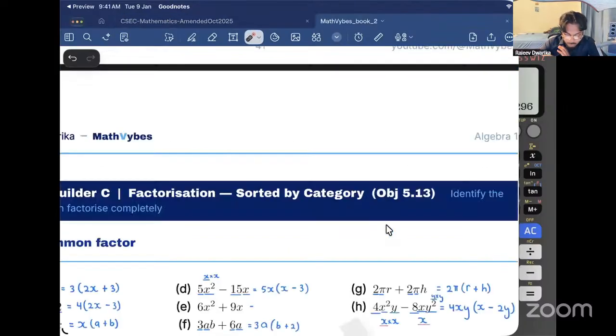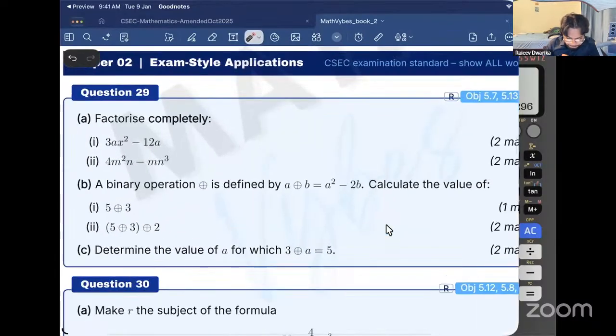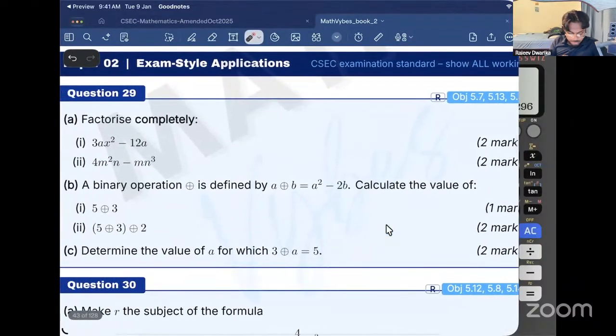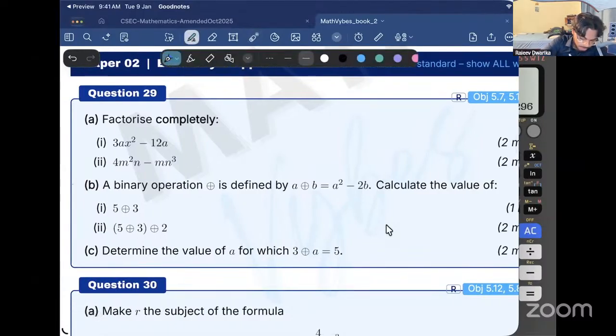Right. Before we move on, let's go in my workbook and do another binary operation question. So Carla, read this question for me.